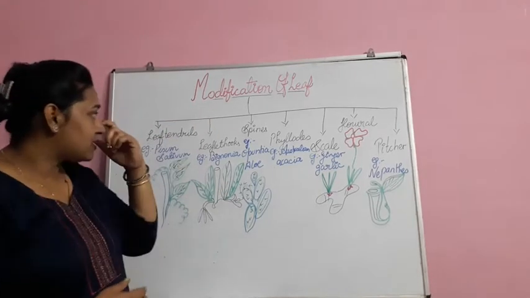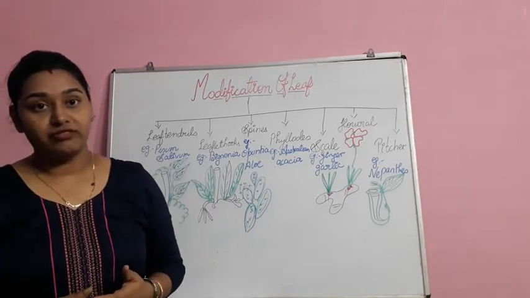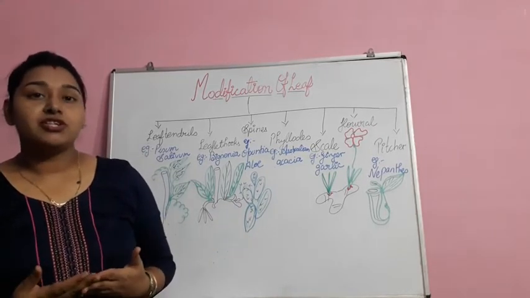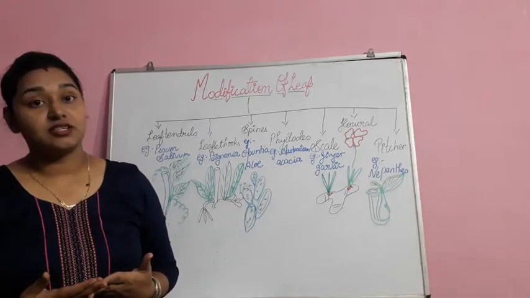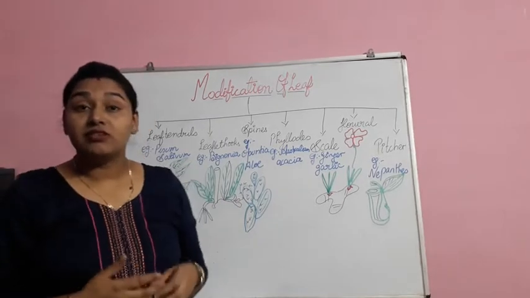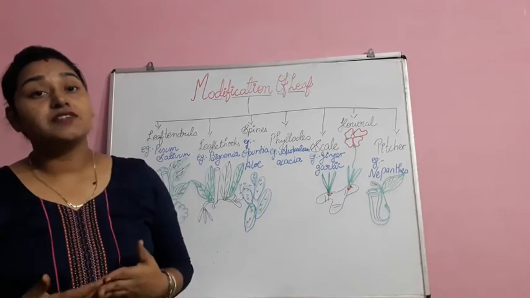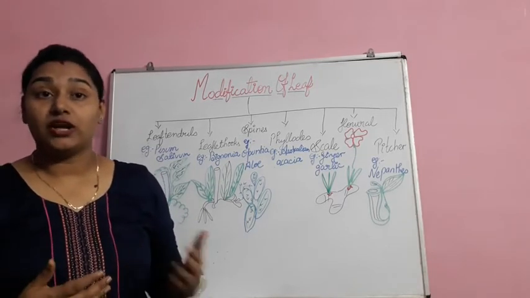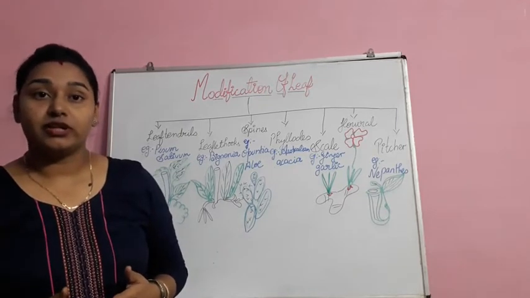Before coming to this, let us see why, for what reasons, they have got modified. See, the primary functions of the leaves are photosynthesis, transpiration, and exchange of gases. Apart from these, the leaves had to perform some other special functions for the different purposes of their lives.